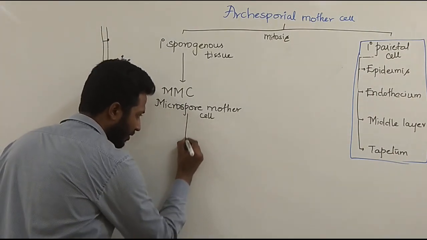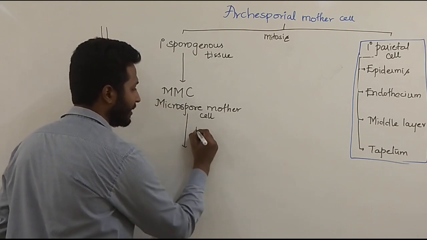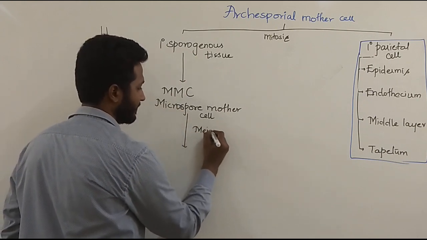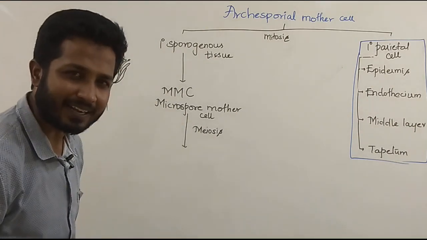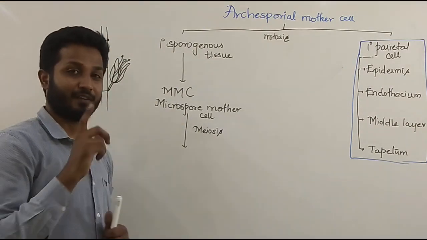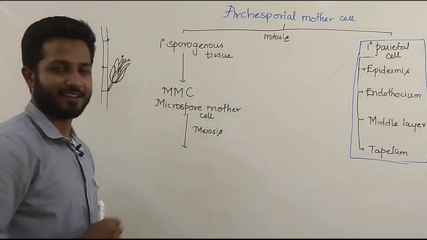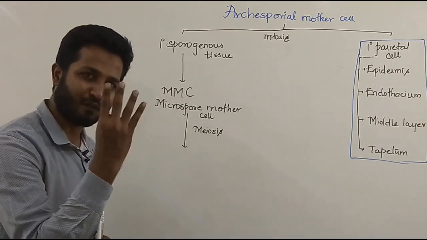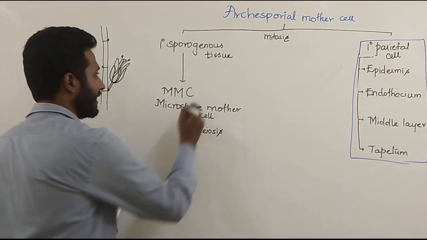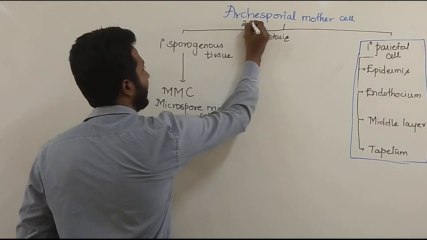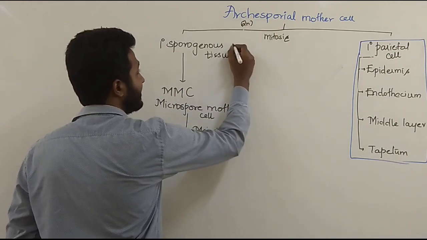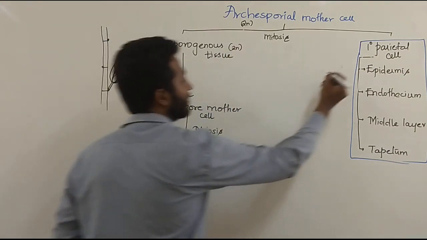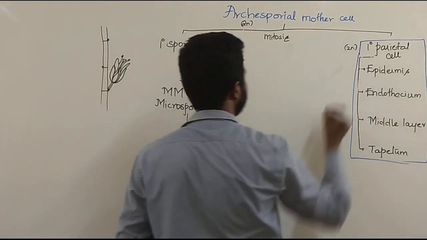So primary sporogenous tissue is going to develop into MMC, that is the microspore mother cell. This microspore mother cell is going to divide by meiosis. What exactly happens in meiosis? If you recall, one cell is going to divide to form 4 daughter cells. So this cell initially is diploid, it is dividing by mitosis, which means even here we have so-called diploid cells.